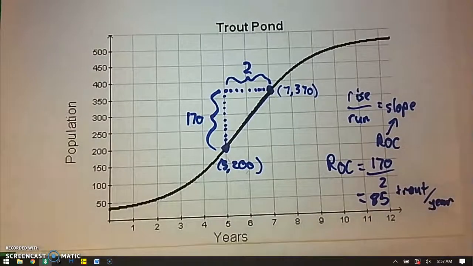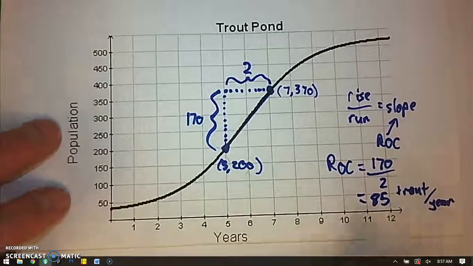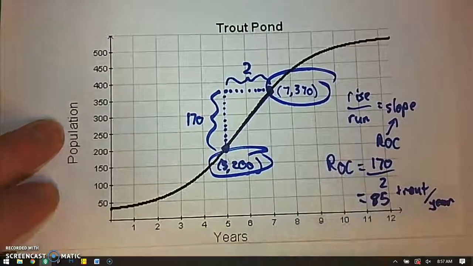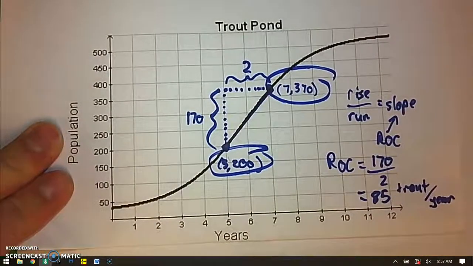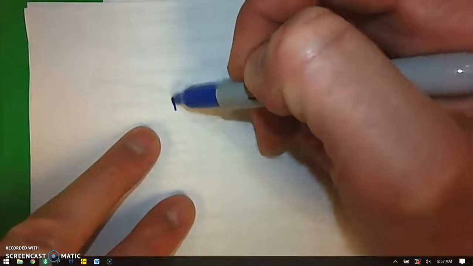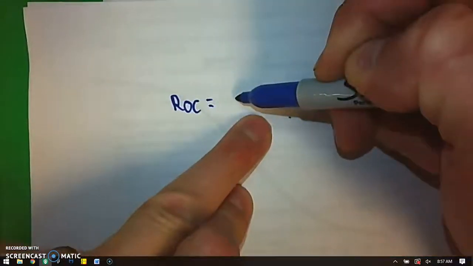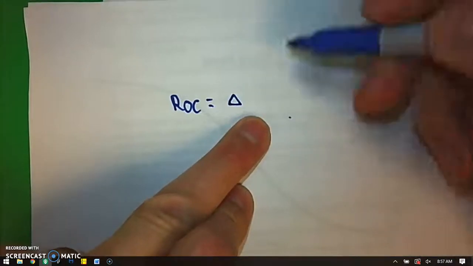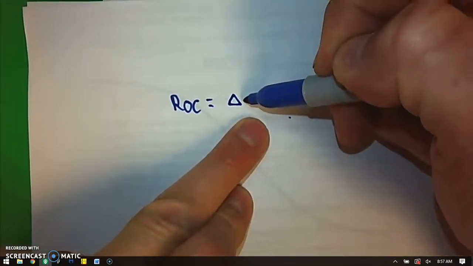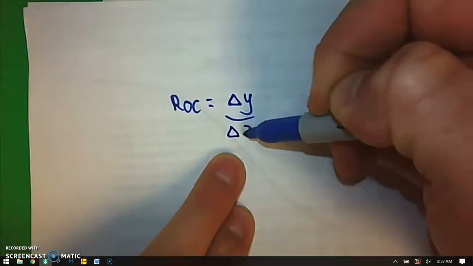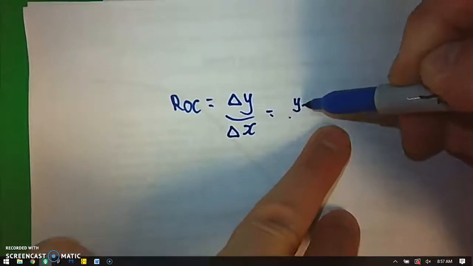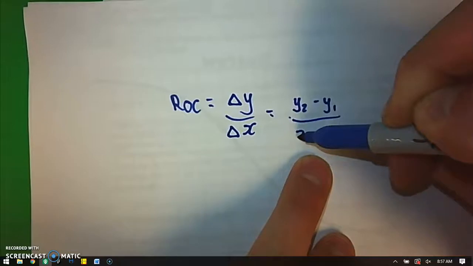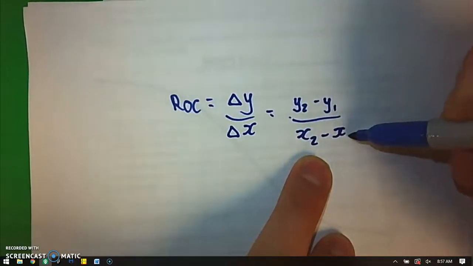Now we can do this algebraically as well, and we would just take these 2 points that we circled over here, and I'll just transfer them onto another sheet of paper right over here. And all we do is we would say the rate of change is equal to this little triangle here means change in y over the change in x, otherwise known as y2 minus y1 over x2 minus x1.